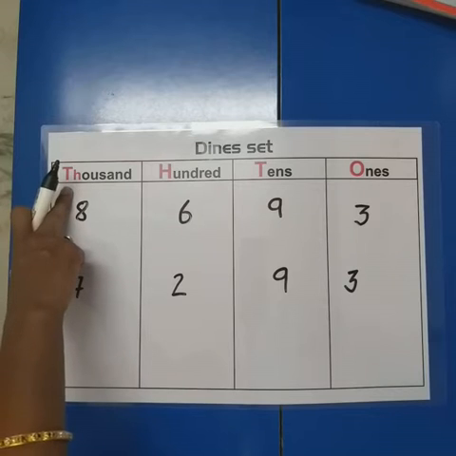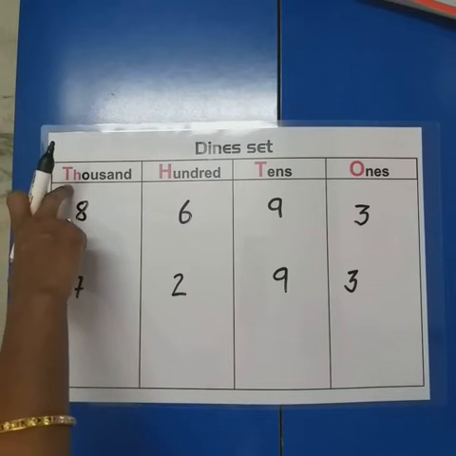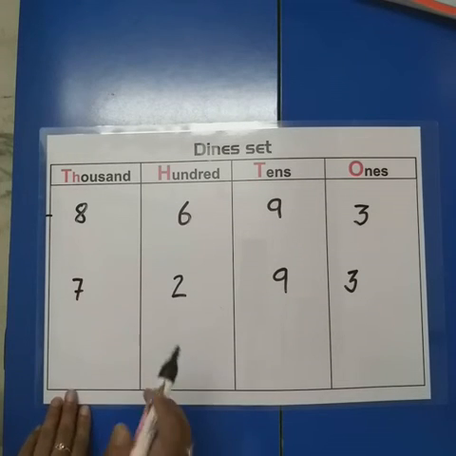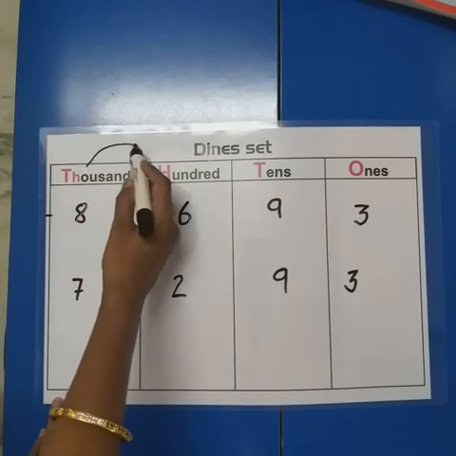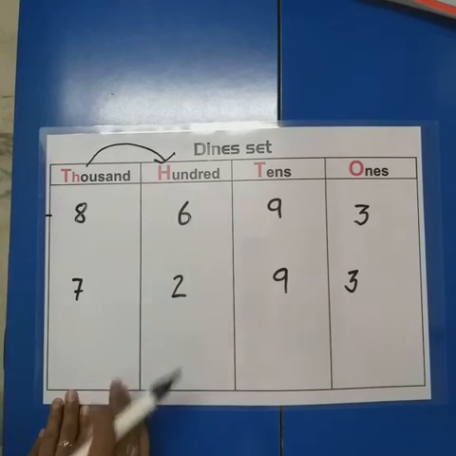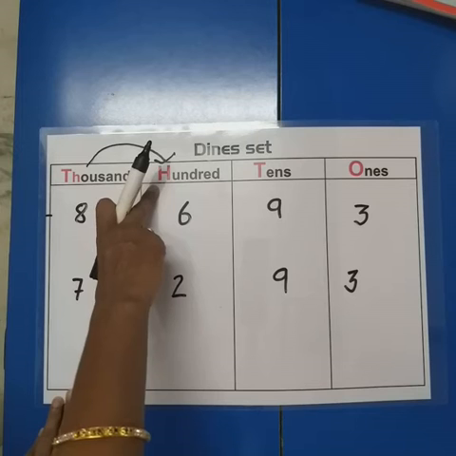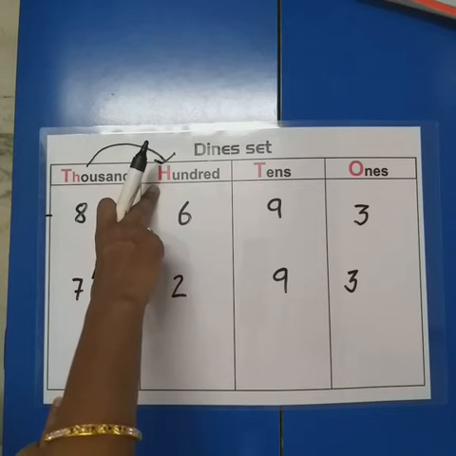That means we will round off to the nearest 1000. If we are rounding off to the nearest 1000, we will look at the place just before it. Just before the thousands place is the hundreds place.